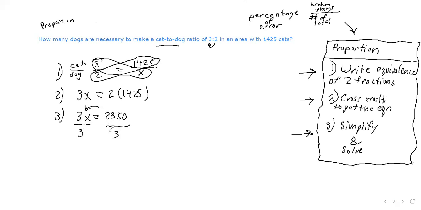Now we simplify, and 3x divided by 3 gives us 1x, which is just x because the 1 is invisible in algebra. And 2,850 divided by 3 gives us 950. So there we have it, guys. The answer that we're going to look for in the multiple choice options for this question is 950.